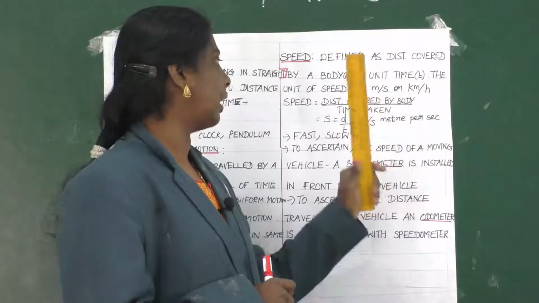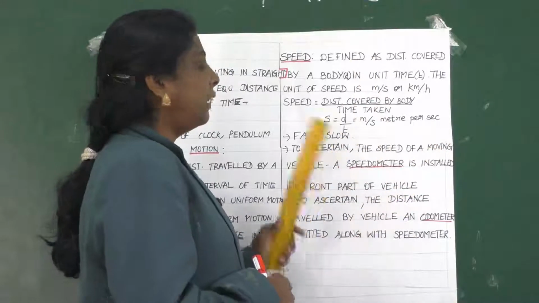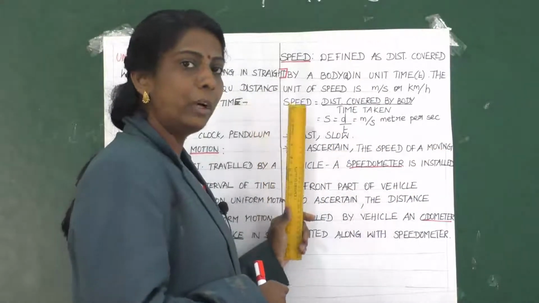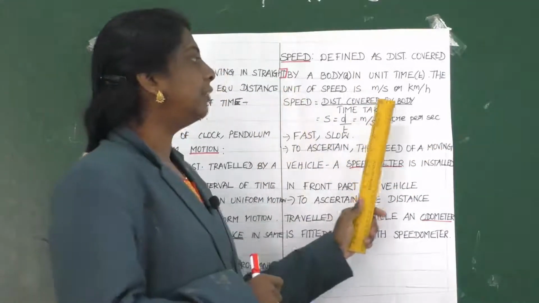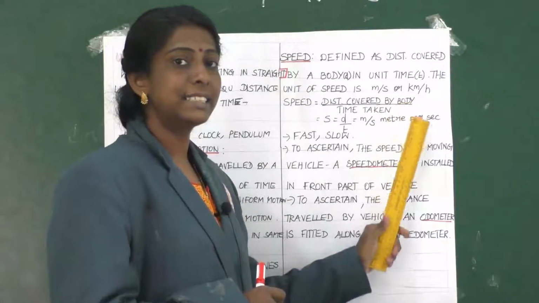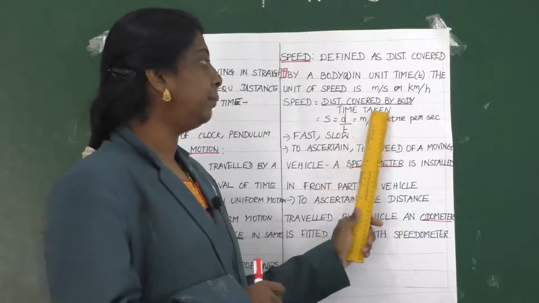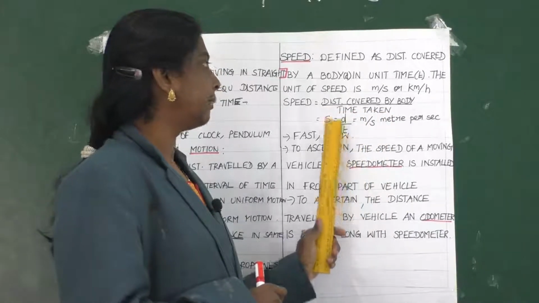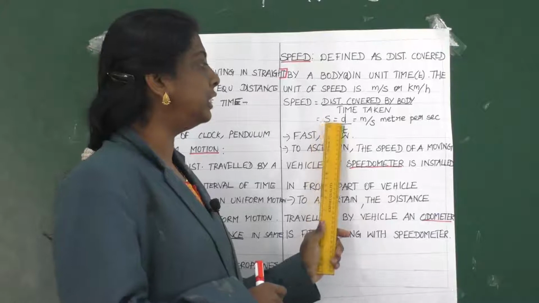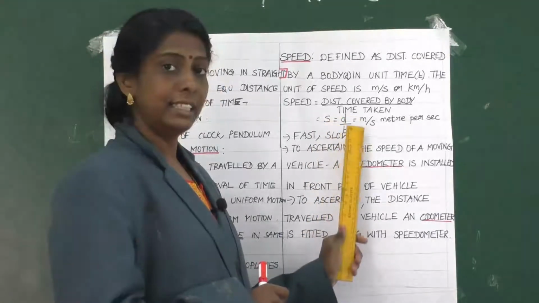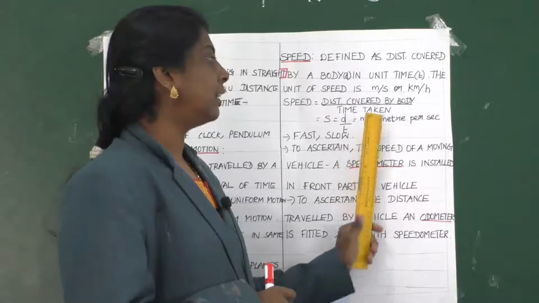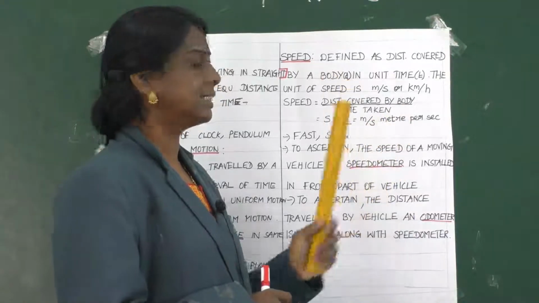Kilometer per hour. So the formula is speed is equal to distance covered by the body, that is d, by the time taken, that is t. s is equal to d by t, that is meter per second.